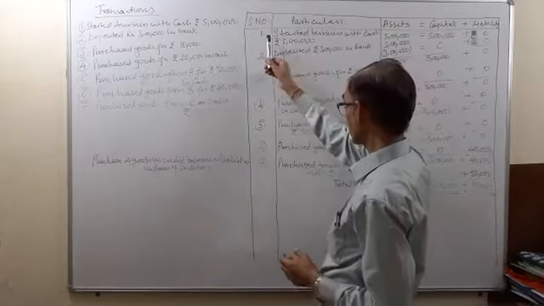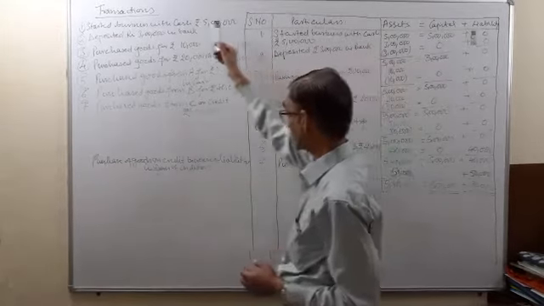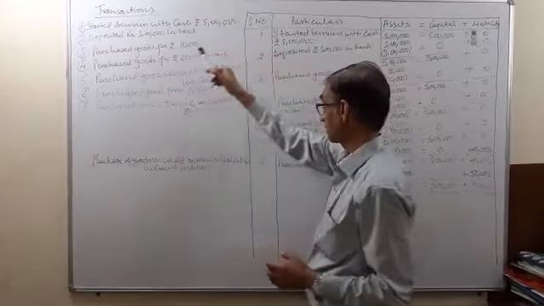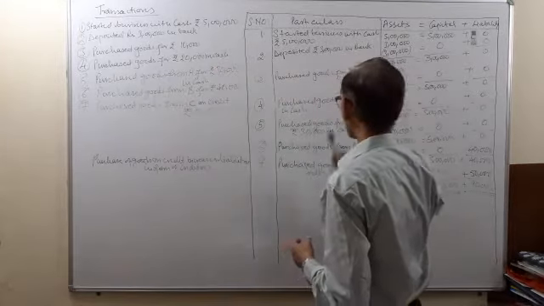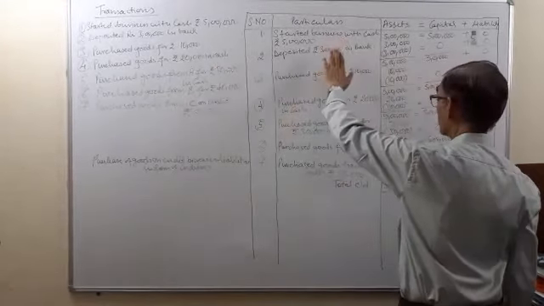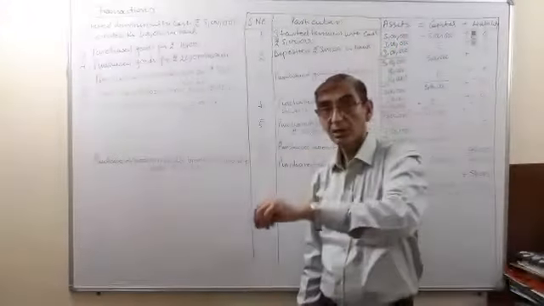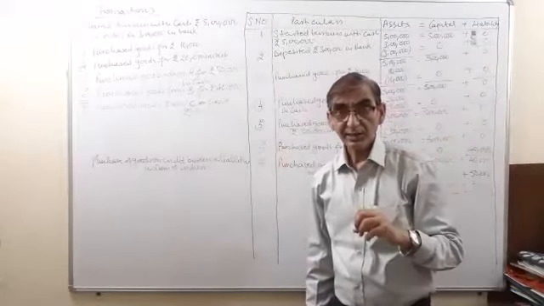So the first transaction is started business with cash rupees 5 lakh. Whatever are the words given over here, the statement that is given over here, you have to copy it as it is. Now see here, we have invested money in the business. What is the business getting?